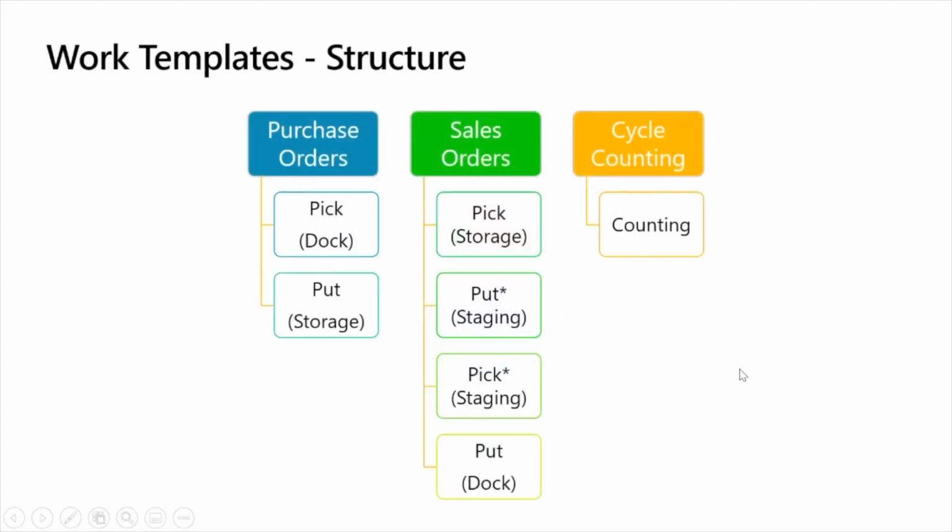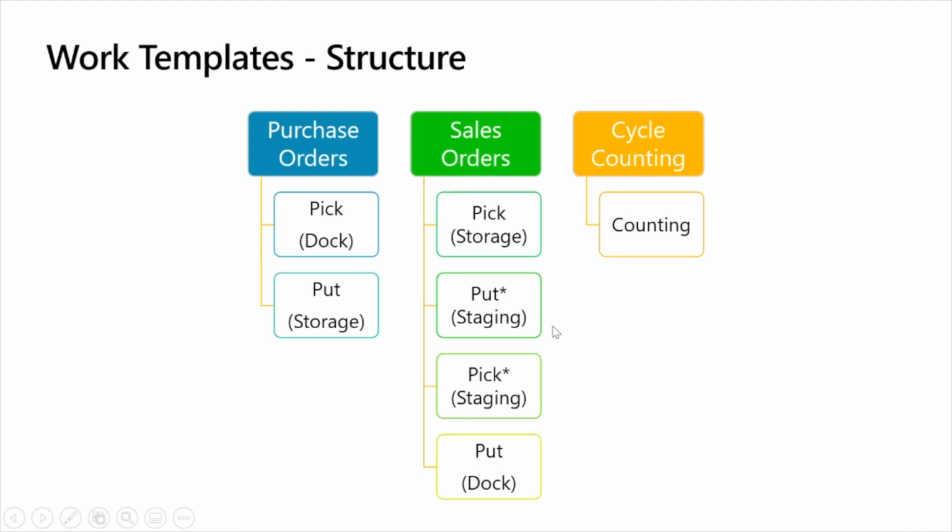So the work templates are really just the structure of the work. When we are talking about a transaction where we're maybe issuing inventory or bringing inventory in, we have these pick and put pairs. They have to be in pairs in the structure, or else the work template will tell you that the setup is not valid.